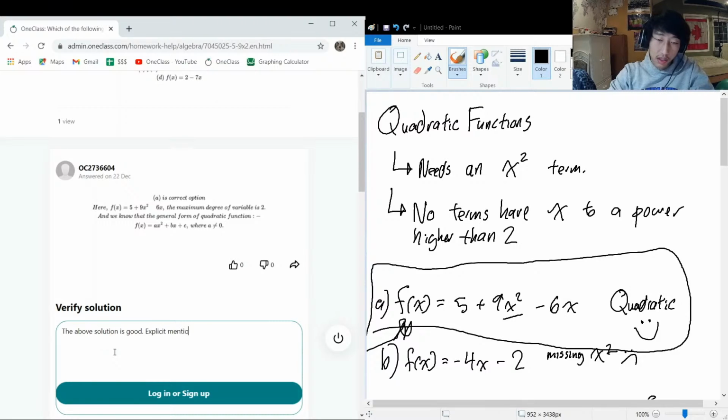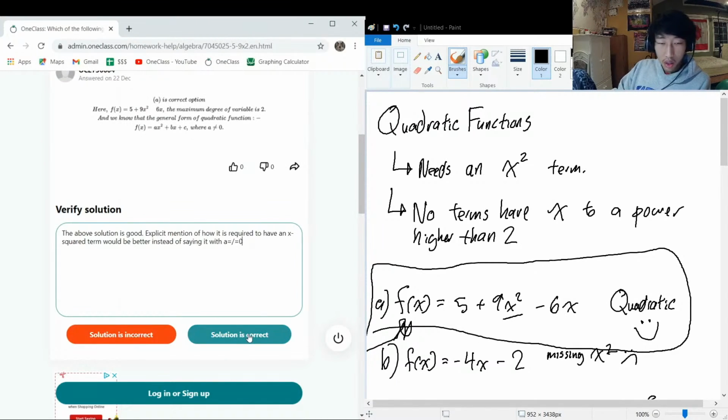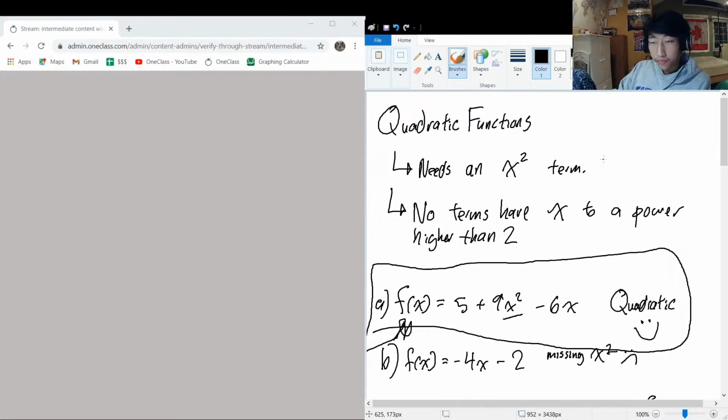Explicit mention of how it is required to have an x squared term would be better, instead of saying it with a not equals 0. Cool.